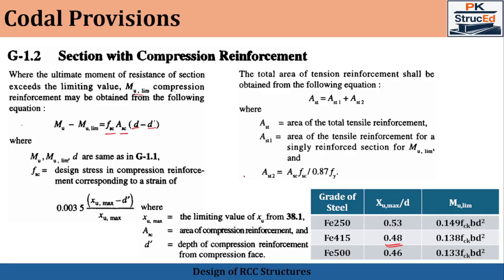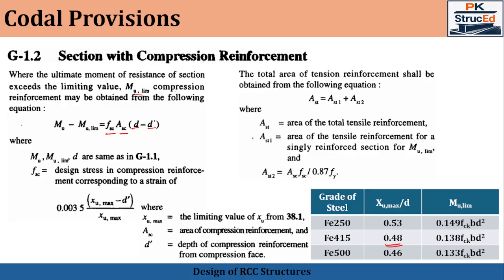Now moving on to the tension reinforcement. Here the tension reinforcement will be the sum of the reinforcement provided for the balanced singly reinforced section, as well as the steel required for the balance moment due to the compression reinforcement.